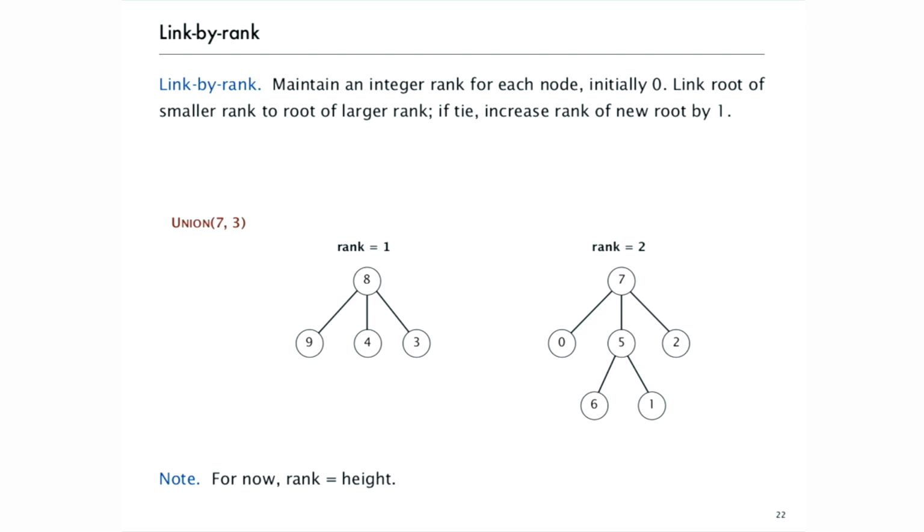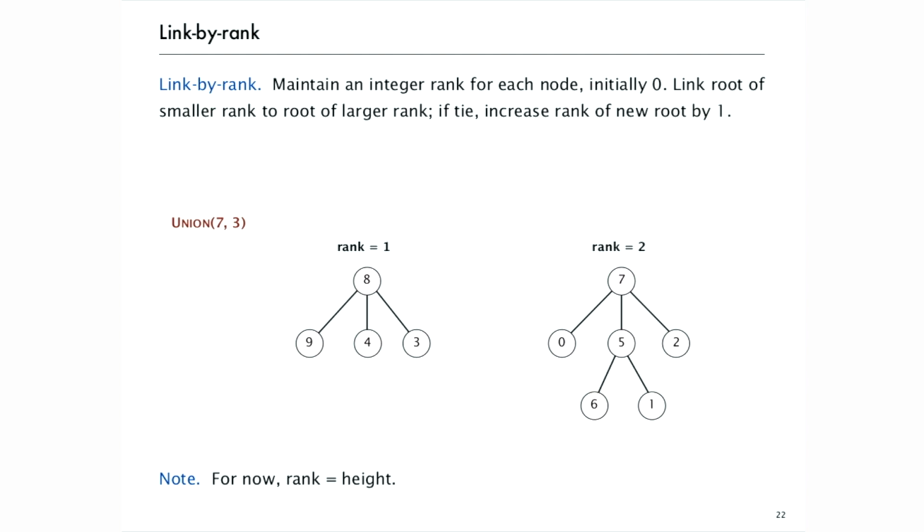In the beginning, rank looks like height, but you will see as we progress that rank is not height. Rank is an entirely different object, but it is motivated by height. So for now, rank is height.